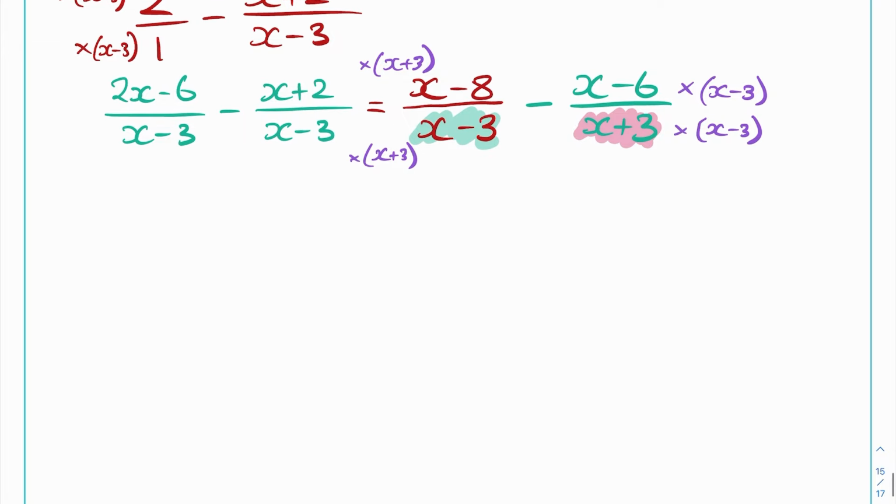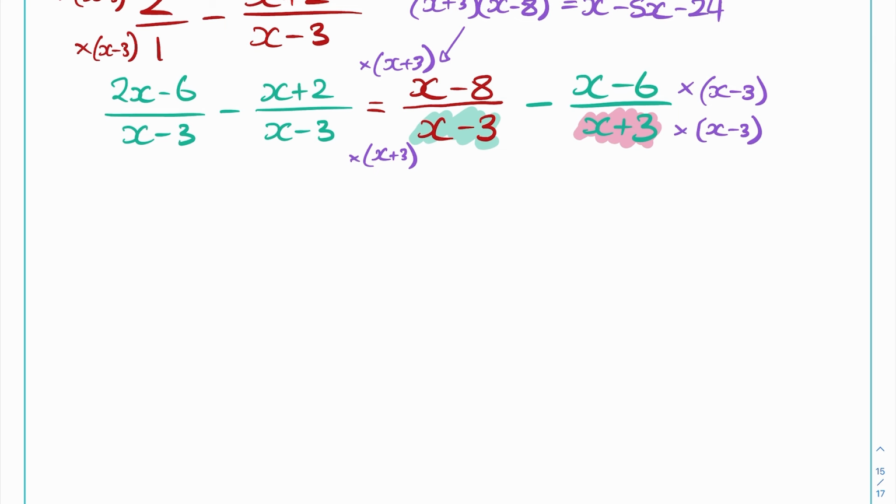Now that's going to be relatively quick to do on the bottom, but on the top we are going to have a double bracket for each of those. So we might want to just work those out separately. So this one here, we're going to have to do x plus 3 and x minus 8. That's going to give us x squared minus 8x plus 3x would be minus 5x. 3 times 8 will be minus 24.